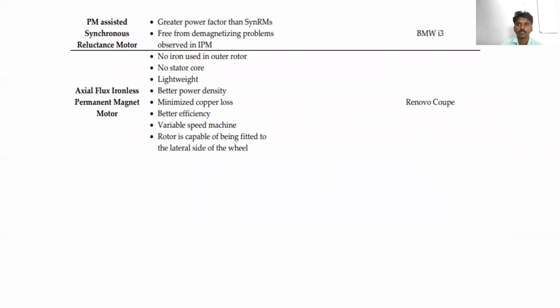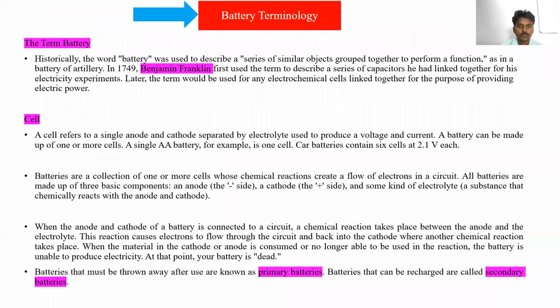We have seen DC motor drives, induction motor drives, BLDC motor drives, and switched reluctance motor drives. We have seen all these, yes or no? Is it right? Please put the message in the chat box.